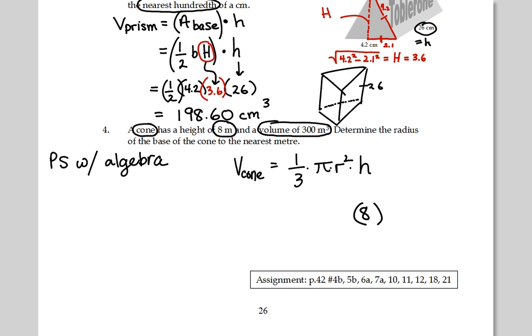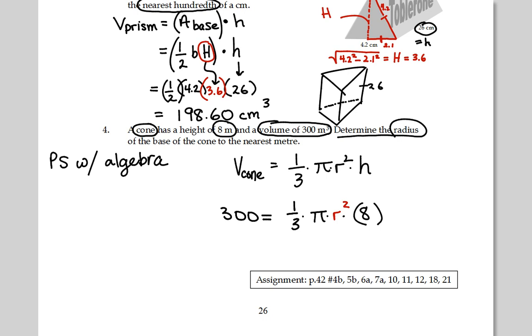They want us to determine the radius, so r is unknown. And in fact, I will use a different color for r, just to demonstrate that that's what we're trying to isolate. And then we got a pi in there. We got a 1/3. What's the volume of the cone? 300.